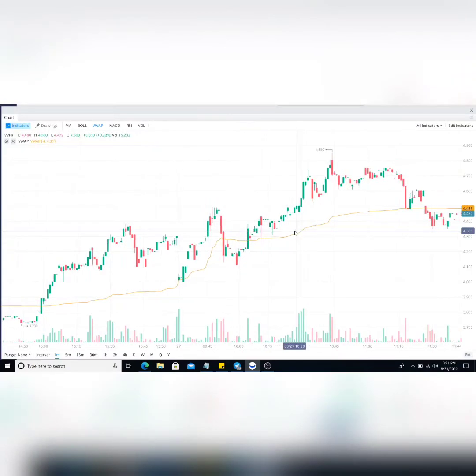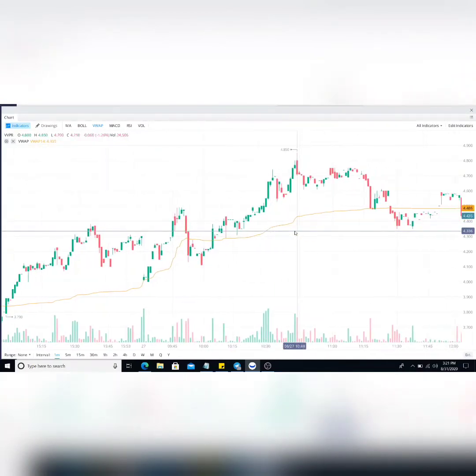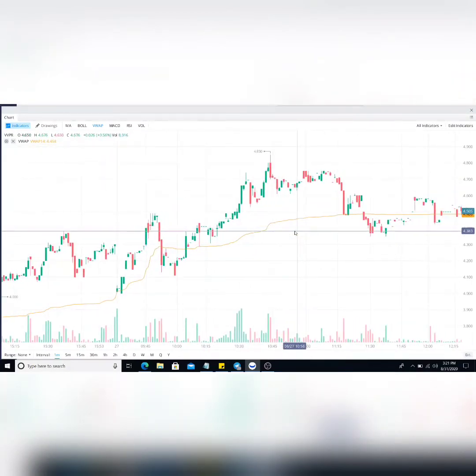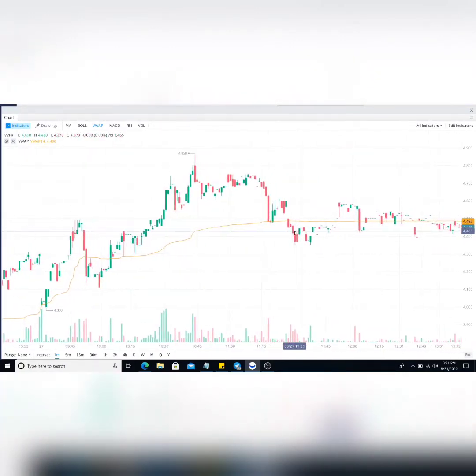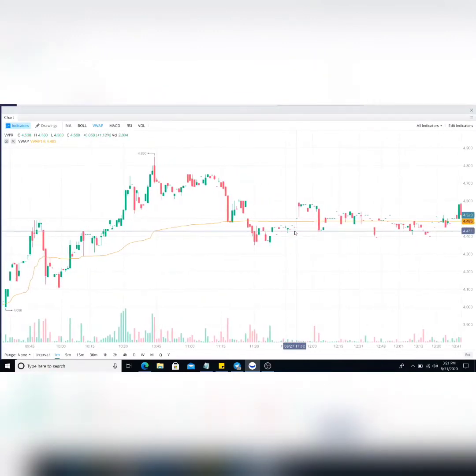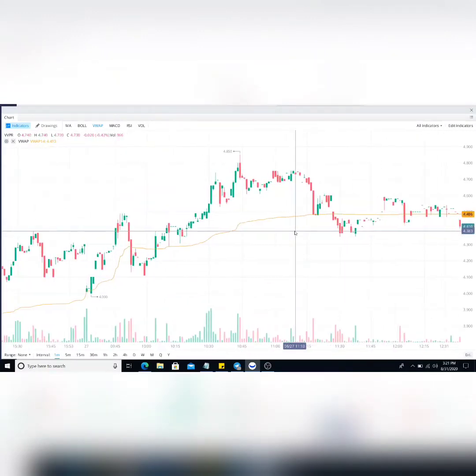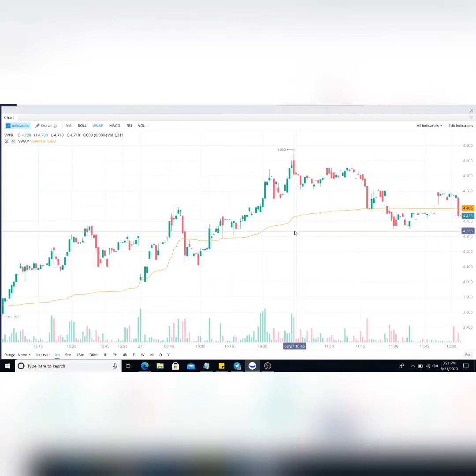So we see that it bounces off VWAP, goes down a little bit, and then let's go further. Let's look for the 27th. So we see the 27th. We've got that pop, and there's a little bit of volume here.